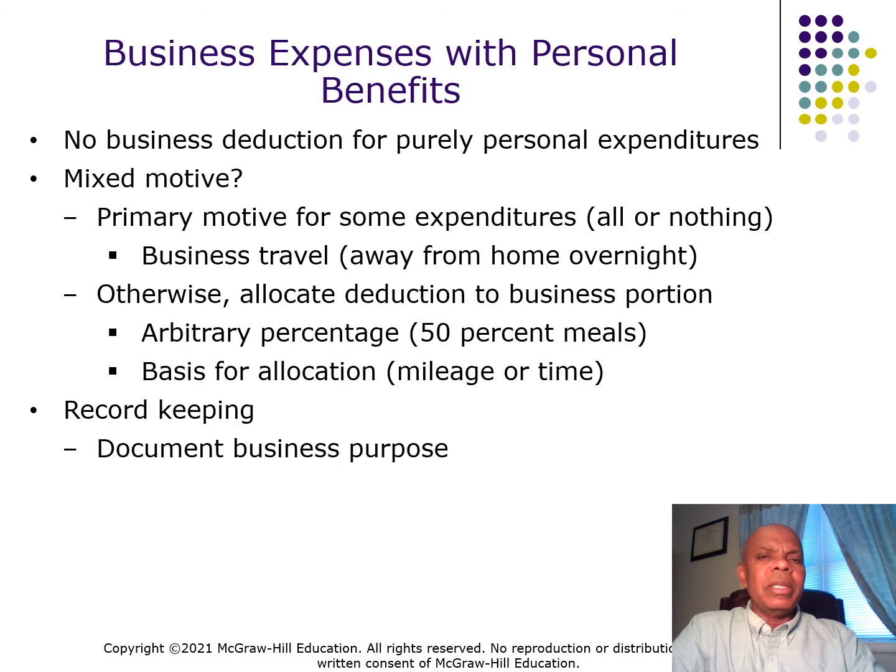Again, as I said, mainly these are readings. Okay, so let's take a look at this one. Business expense with personal benefits. No business deduction for purely personal expenditure. So if the expenditure is a mix, suppose you're going to a meeting in a foreign country, France, UK, China, wherever it is.